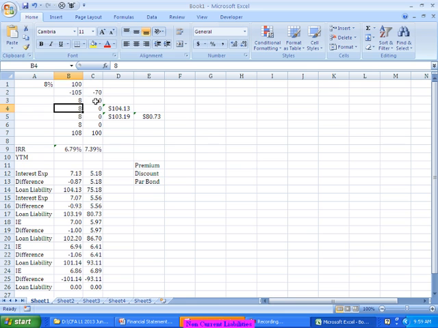Whereas in this case, if the coupon is less than the interest rate or IRR, it will be called a discount bond, because it will sell at a discount to the face value.